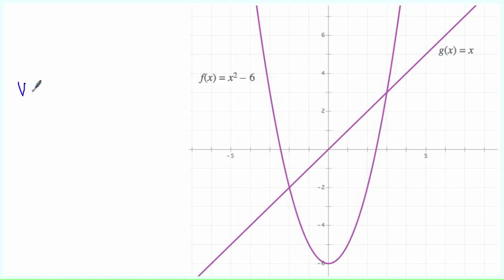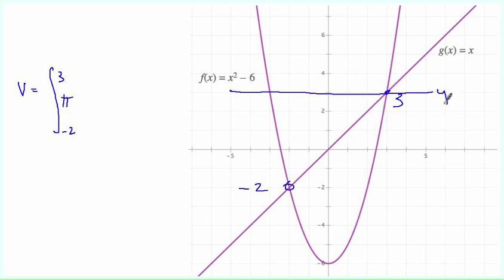So the volume is the integral from -2 to 3, because this is -2, this is 3, pi, and this is the line around where the area is revolving. So in this case, this r is this 3 minus this y.